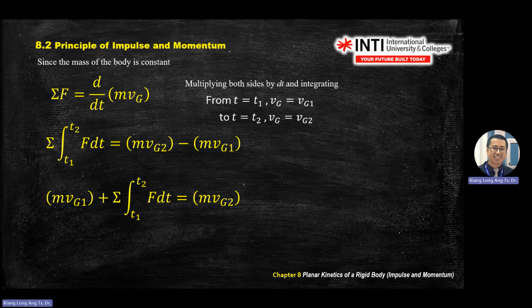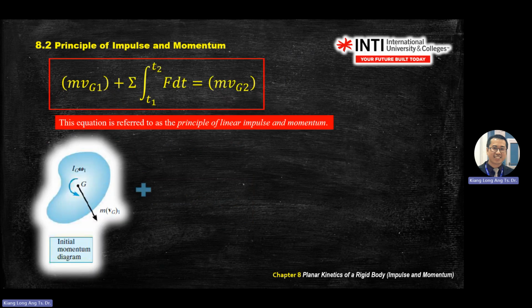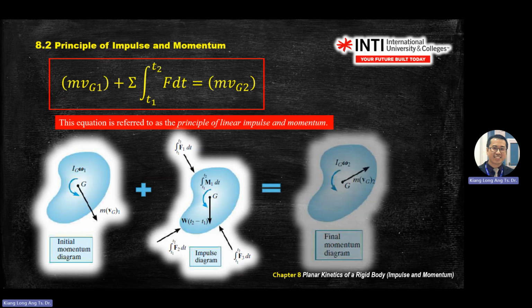Because this is a rigid body, remember, for a rigid body you always link V equal to omega R. You need to change this V into omega. So the rest is like this.